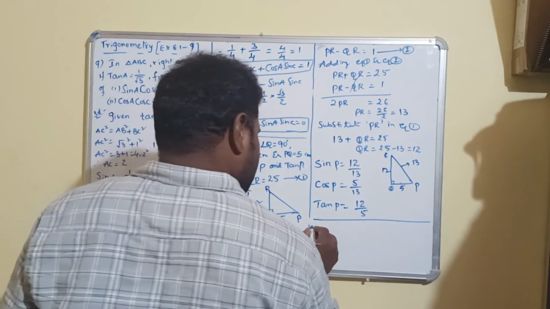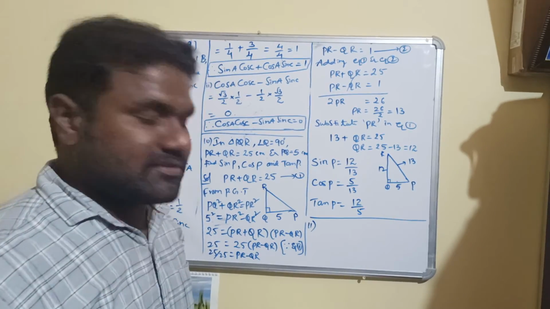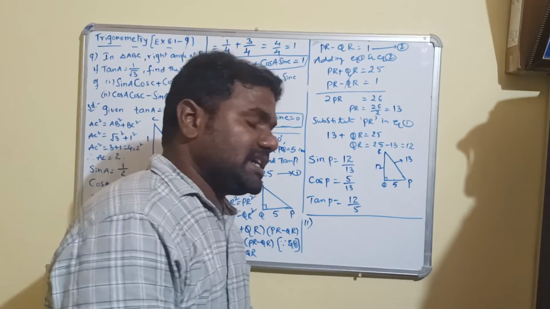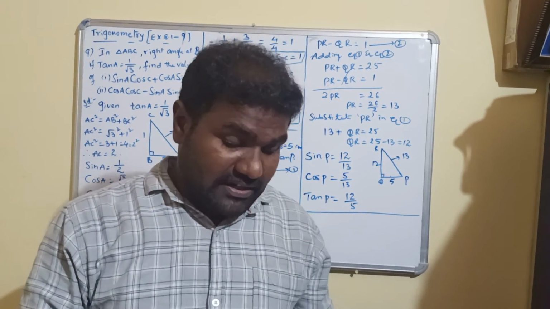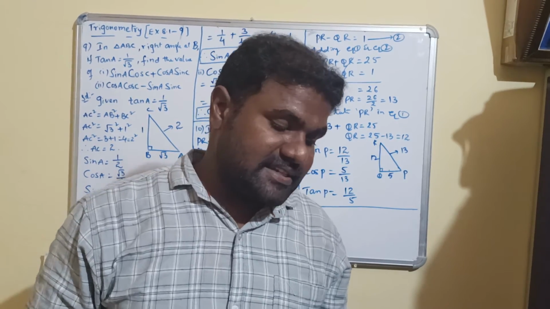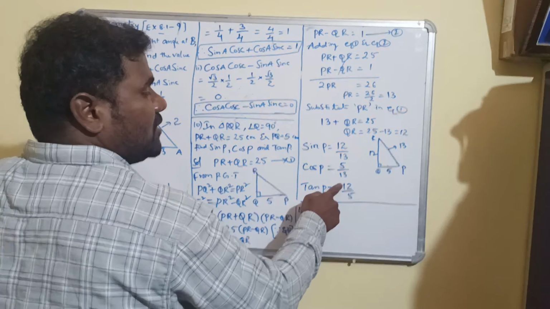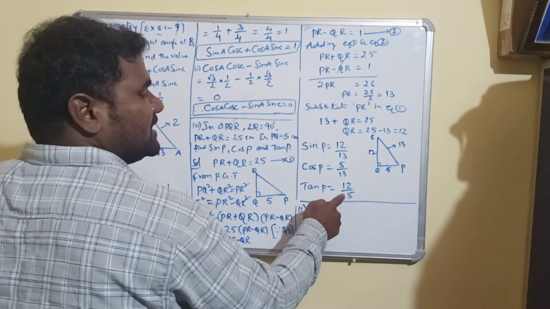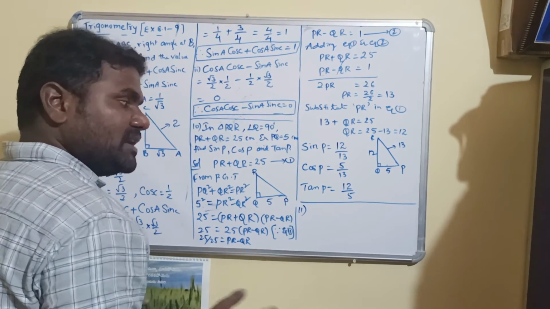Come to the 11th question. Read the 11th question: state whether the following are true or false. Justify your answer. The first one: the value of tan A is always less than 1. Observe here, the opposite value may be more than the denominator, so it can be an improper fraction, or maybe not.